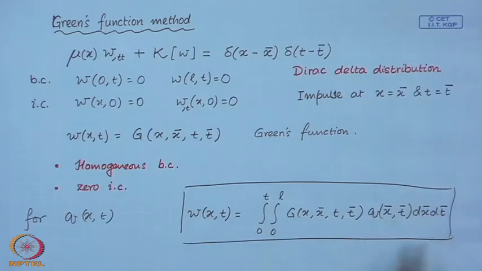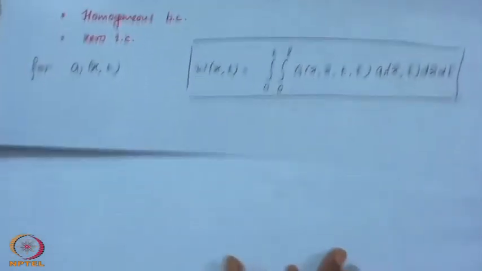So, once we have the Green's function, the solution to an arbitrary forcing can be determined like this. So, let us see why this happens or how this is happening.